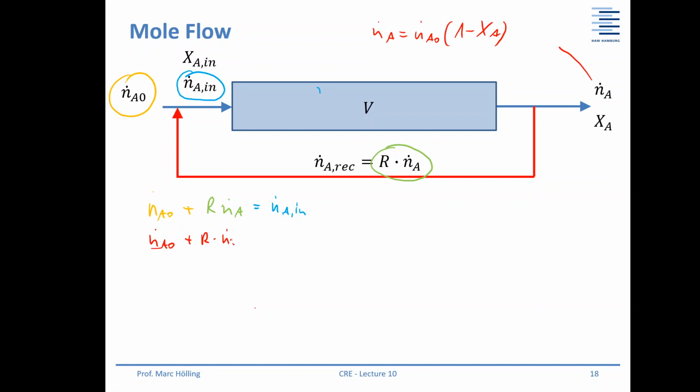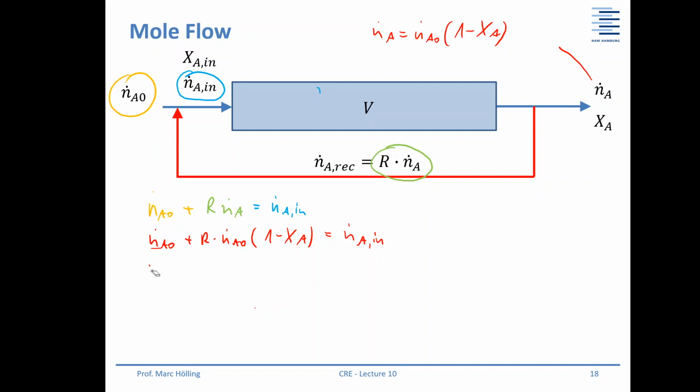So this is N dot A0 times 1 minus XA, and this should be N dot A. Okay, and then we can do some rewriting.